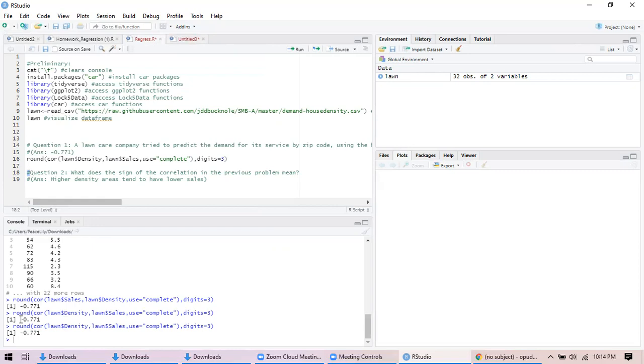Mm-hmm. But since density is at the bottom, if sales goes up and this number is less than 1, what does that mean? If density is at the bottom and this number is less than 1, that means the bottom is bigger, right?